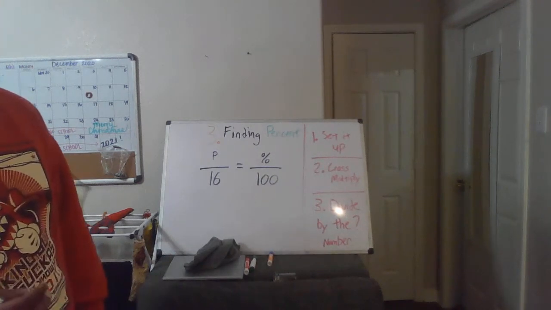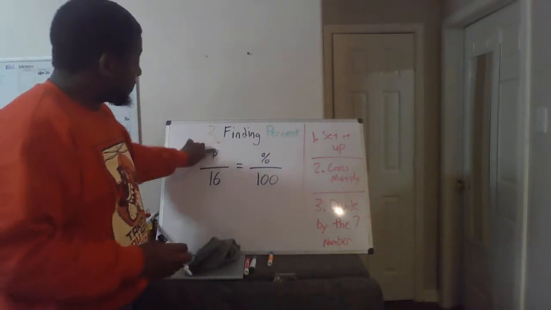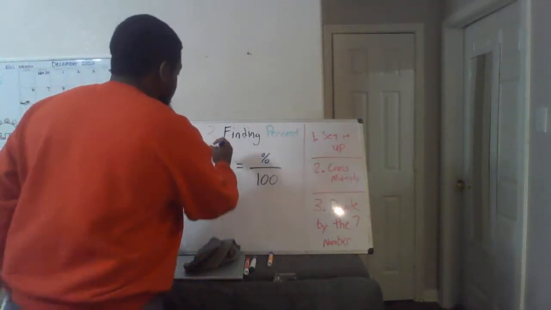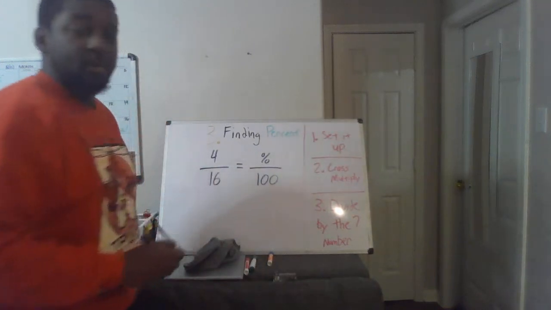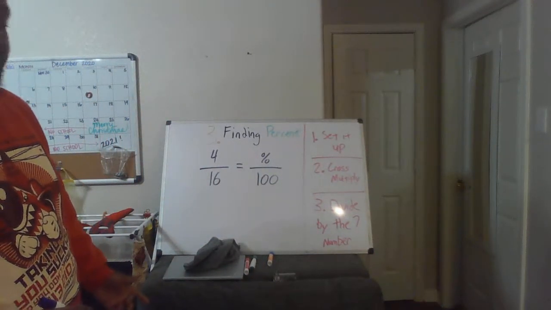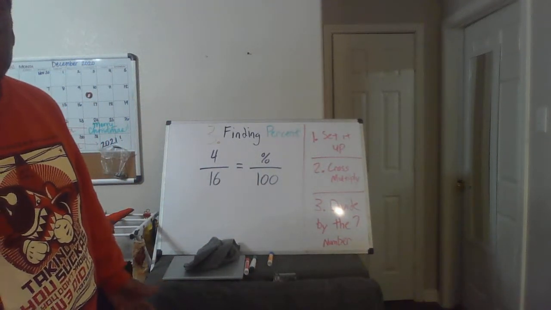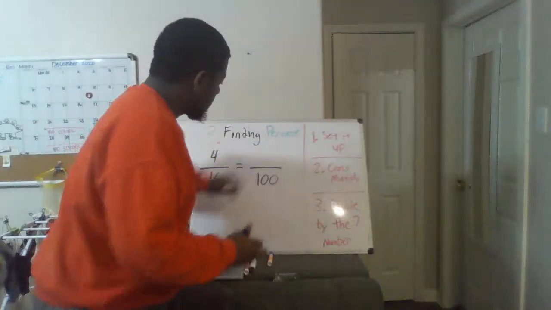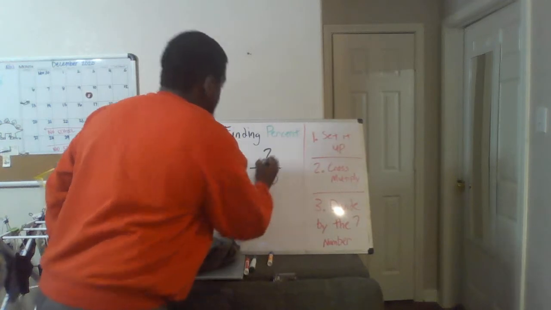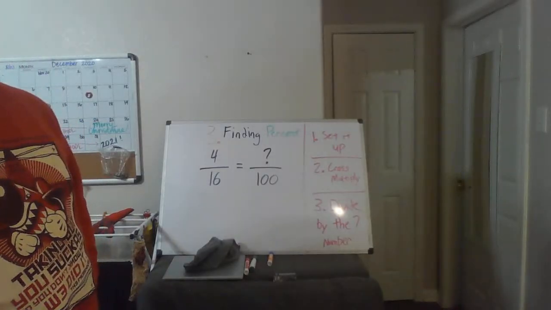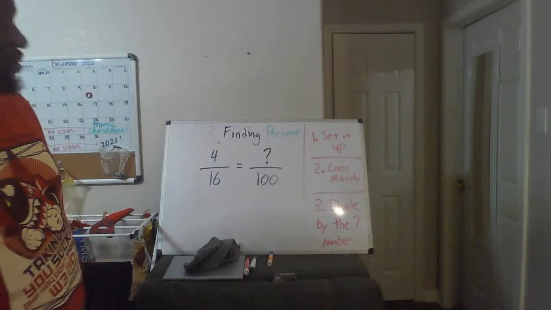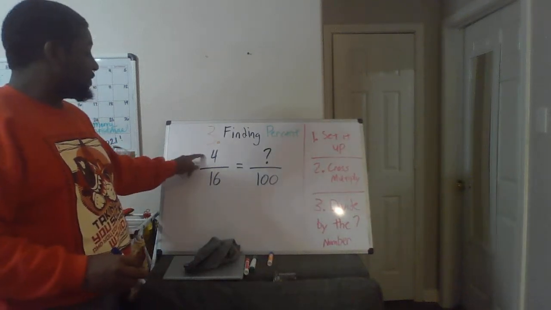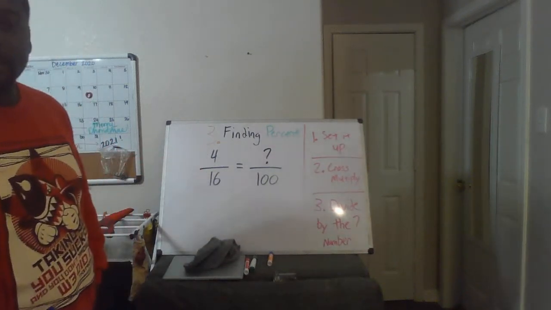That's part of your whole price. So we took part of that price away, which is 4. Which means the only thing left that we don't have, it says what percent. Since it says what percent, that means we're looking for our percent. What percent was the discount?